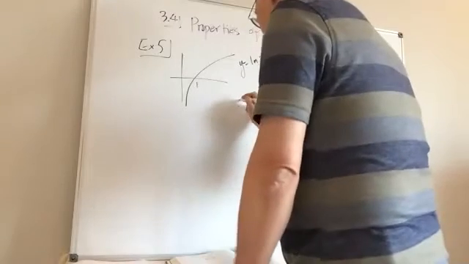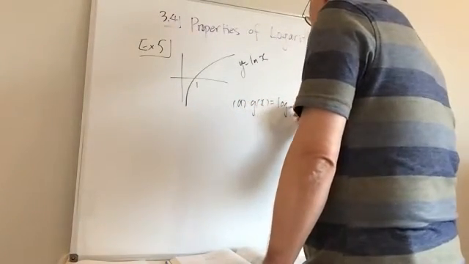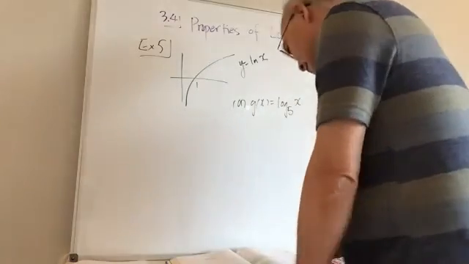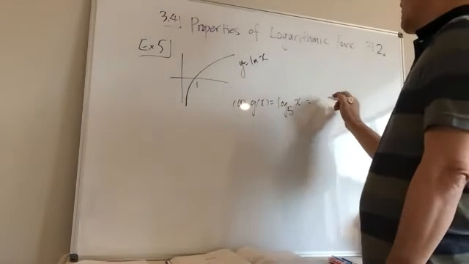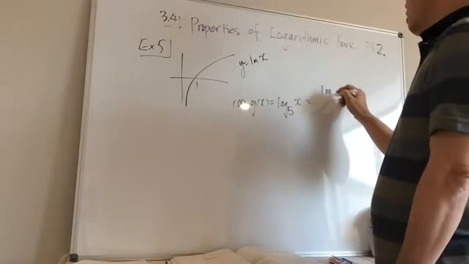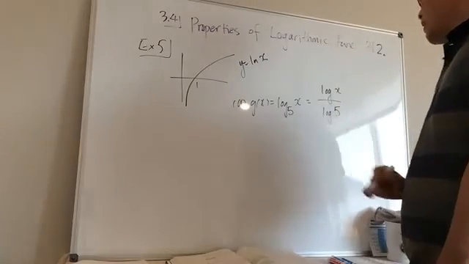Example number 5. A, we have g of x is equal to log base 5 of x. If we do that, we can go ahead and change the base, so it will be log x over log 5.